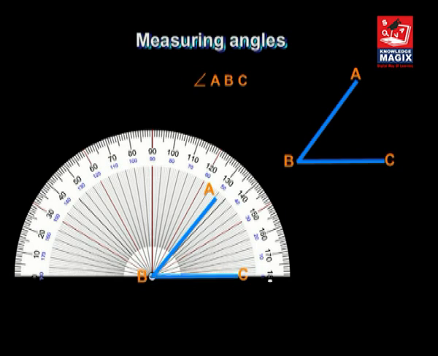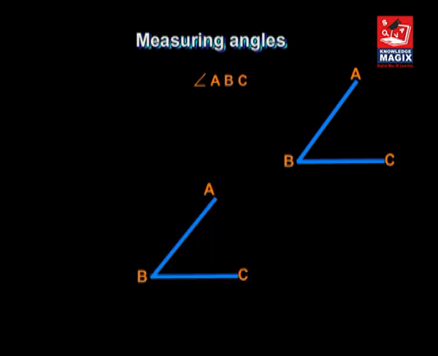The arms of the angle do not reach the divisions on the protractor. Oh, so what to do? At such times, set the protractor aside and extend the arms of the angle. Remember, don't get frightened. Extending the arms of the angle does not change the measure of the angle.